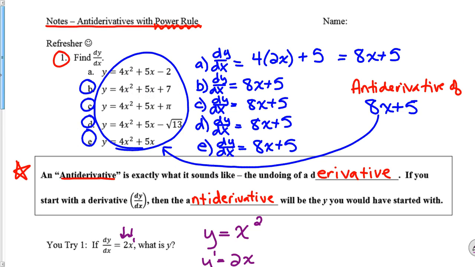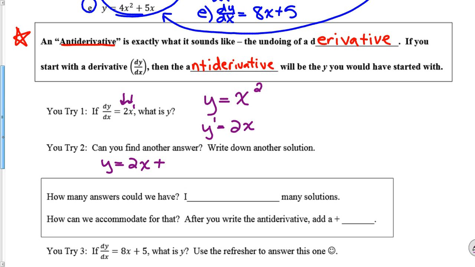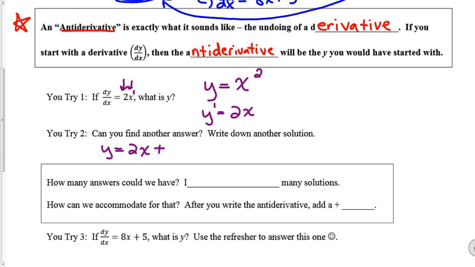I could have chosen 2x minus 2. I could have chosen 2x plus 3. I could have chosen 2x plus pi. But does it really matter what this number is here as far as getting from my function to my derivative?